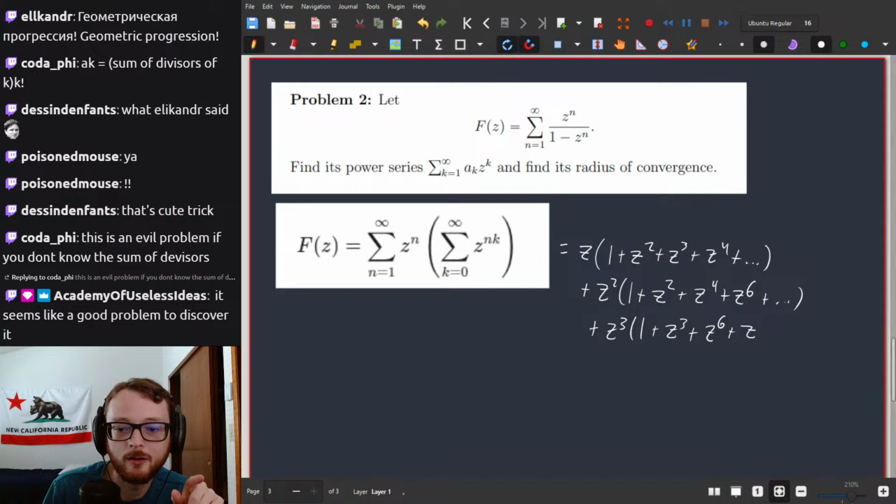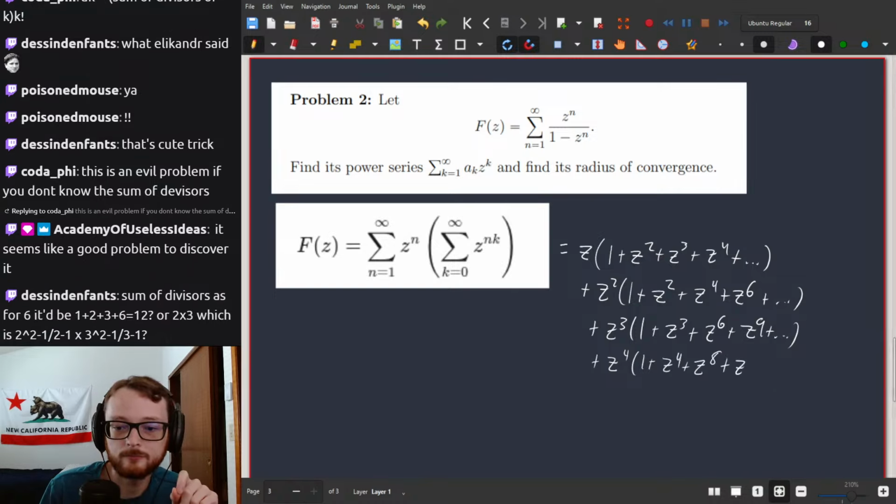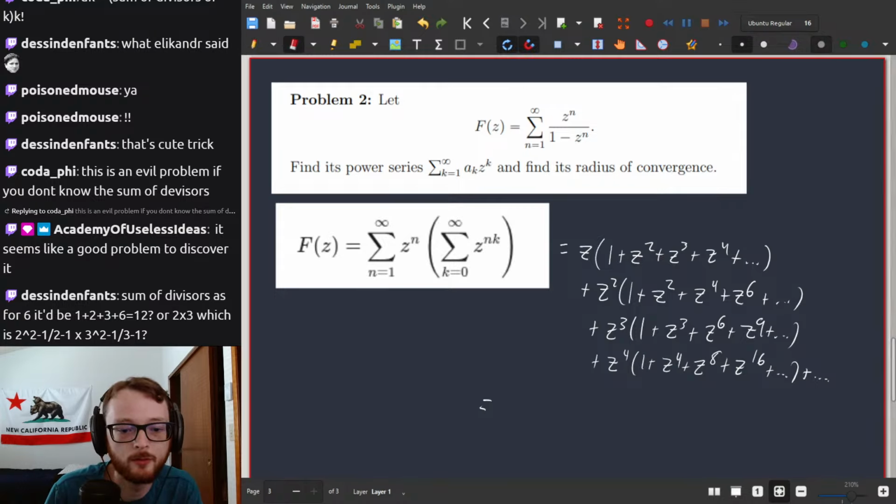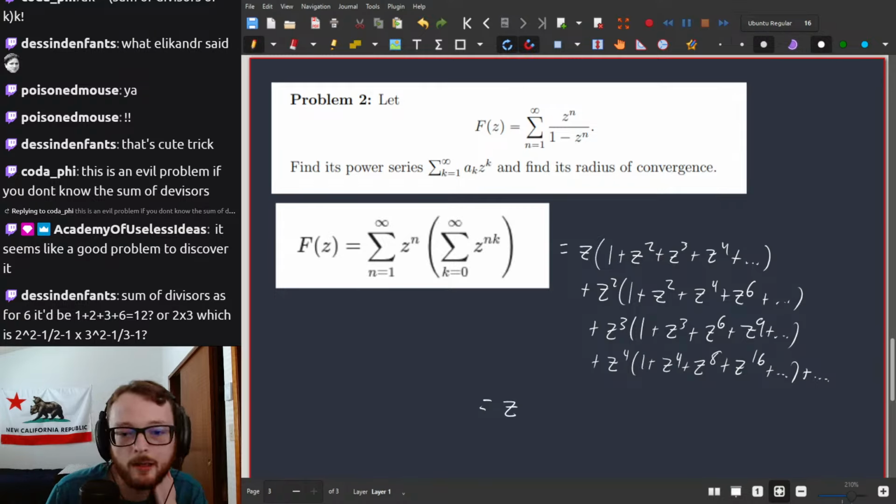Well, we can definitely get coefficients for the first few powers. Like, there's only a single z to the 1. 1 z cubed, 1 z cubed, and that's all. So 2 z cubed. Oh wait, I should probably do z squared. 1 z squared.